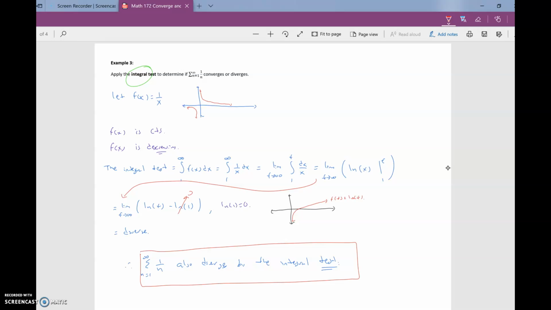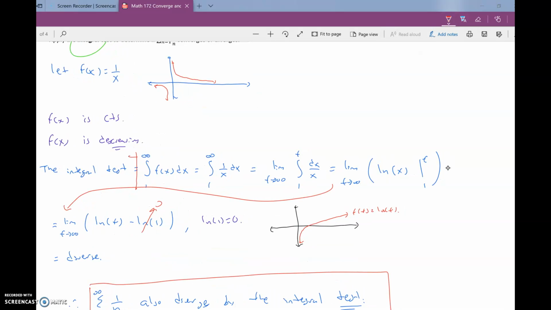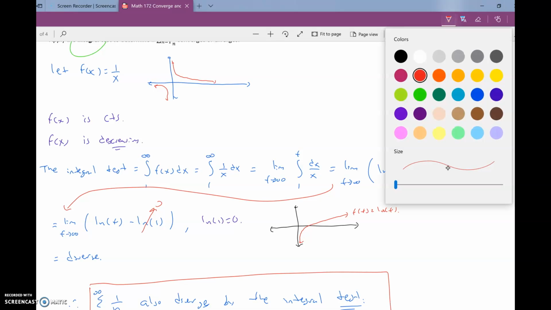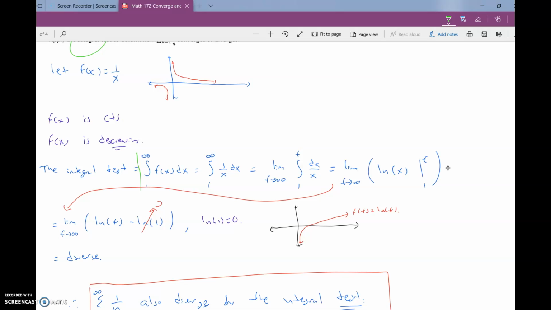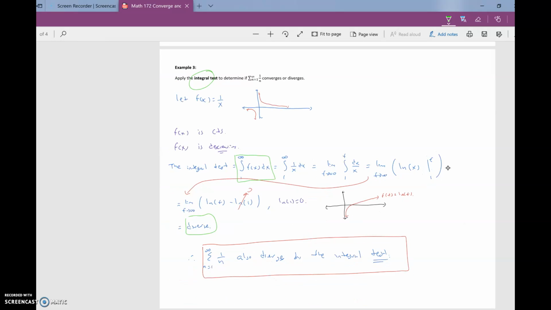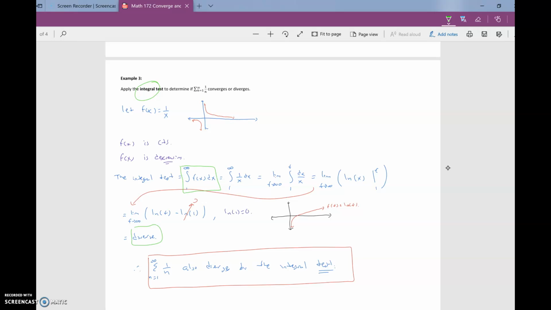Our justification is that the integral of the function diverges. The main idea is that if it converges, then both converge. In this case, it diverges, so therefore the series diverges as well.